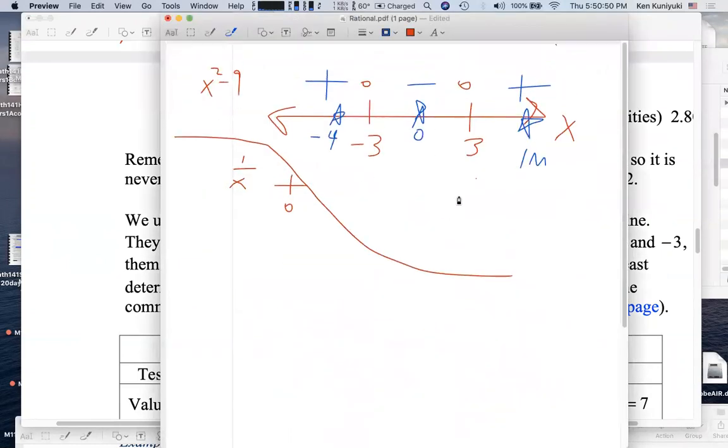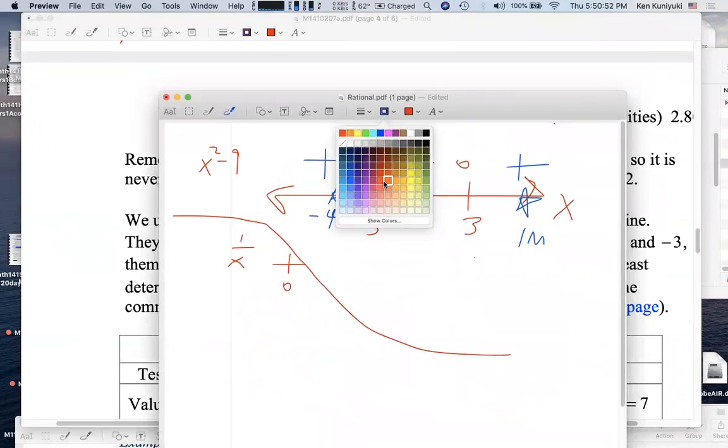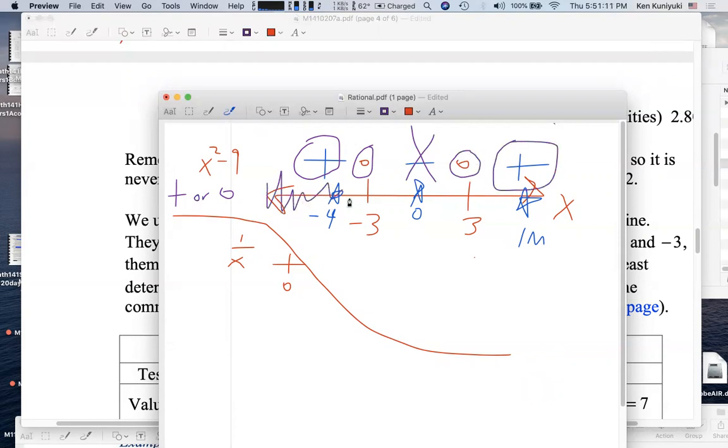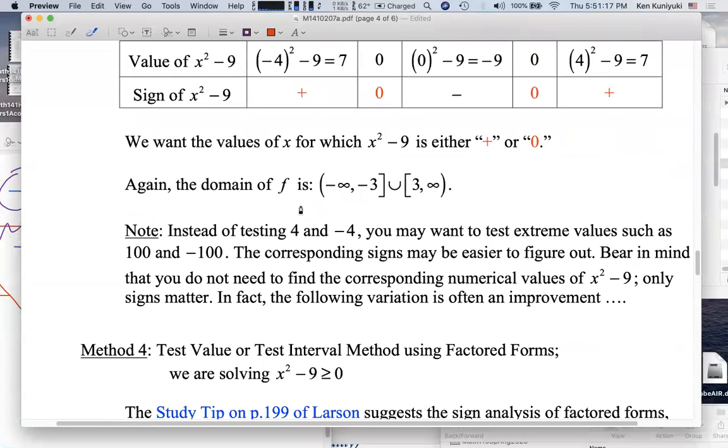I'll put this in purple. I like it when x squared minus 9 is positive or 0, not when it's negative. So I want all these values of x over here, the left wing and the right wing, which corresponds to the same answer as before. It better.